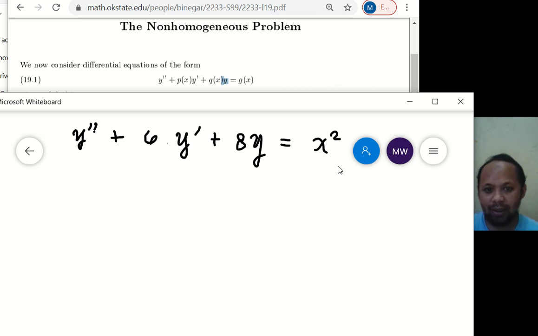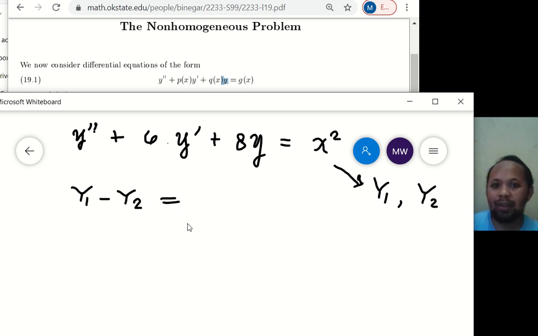So from this equation, let us just assume that we have two solutions, y1 and y2. One of the interesting or useful facts about these solutions is that they can be related into something like this.